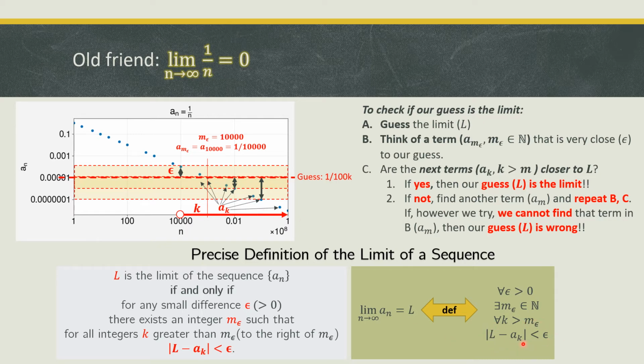This expression means the distance between our guess and all succeeding terms must be less than our epsilon. So if you want to show that L is our limit, we have to find this m sub epsilon such that all the terms after m sub epsilon will satisfy this inequality here.